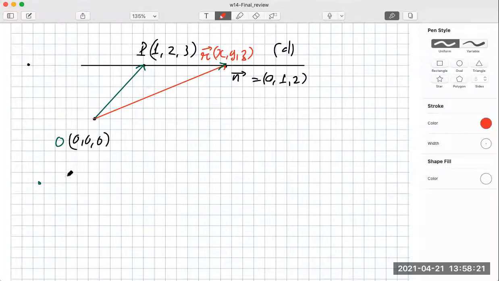We know that the vector OP plus the vector R, right? It will be the triangle formula.